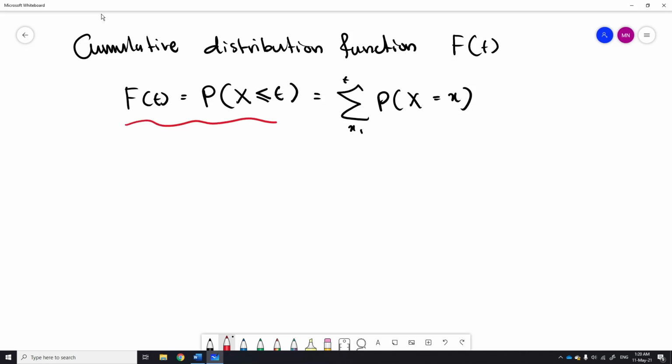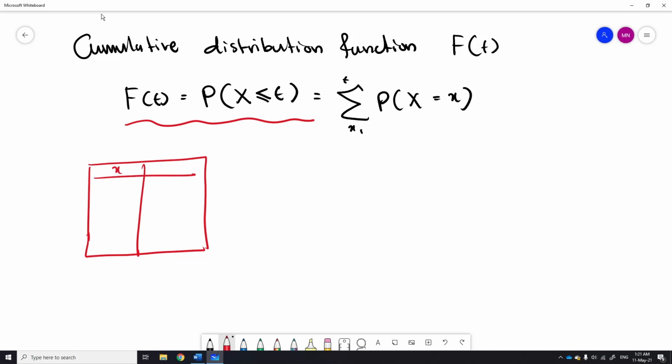For cumulative frequency, for example, we have a data of cumulative frequency. So this is the x, this is the frequency. For example, our x is 10, 20, 30 and 40.